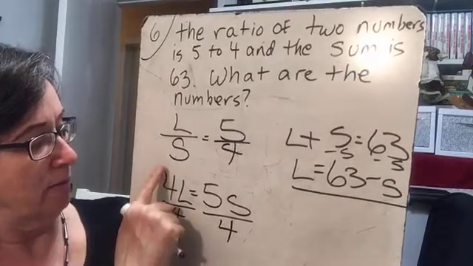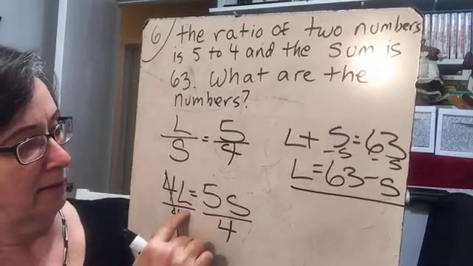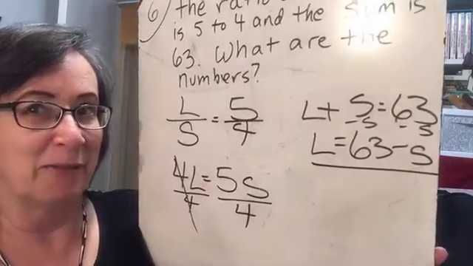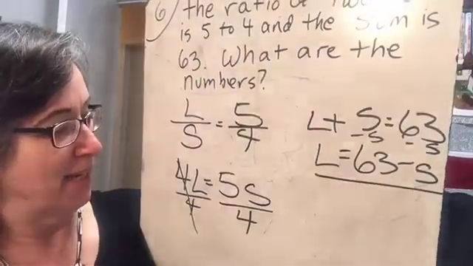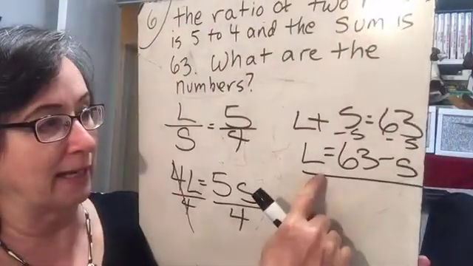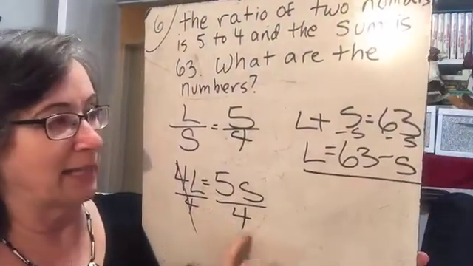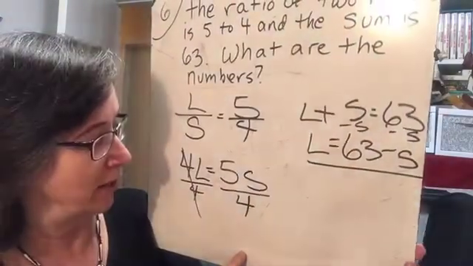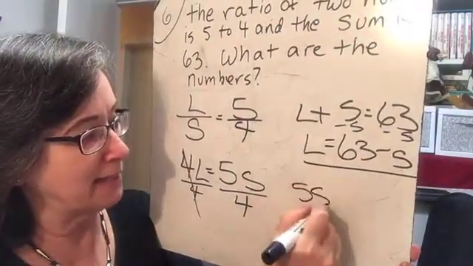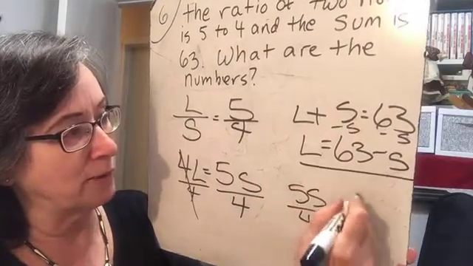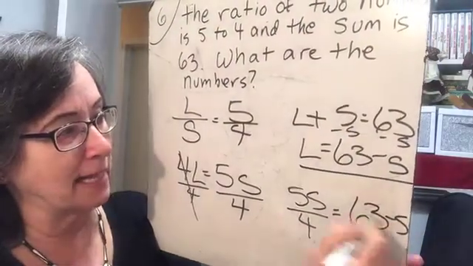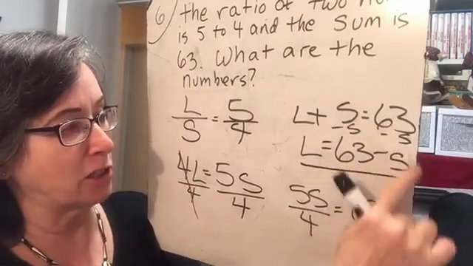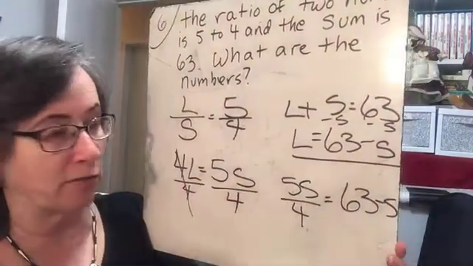So now I just have L equals, and then over here I have L equals. How about we do that last trick again? So we have L is equal to something and L is equal to something. So let's take the two somethings and set them equal to each other. So we have 5S over 4 equals 63 minus S. Because L equals L, that means that this expression for L must equal this expression for L.